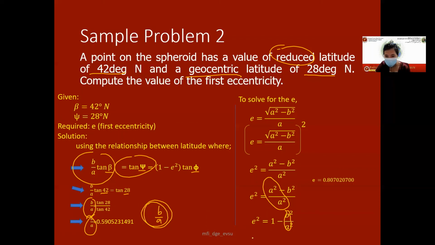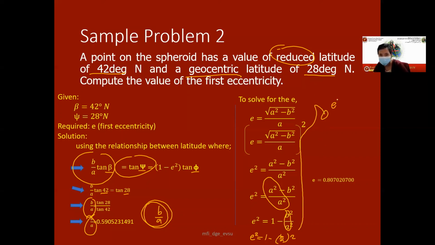So e squared equals 1 minus b over a, squared. Let's just simplify this one.